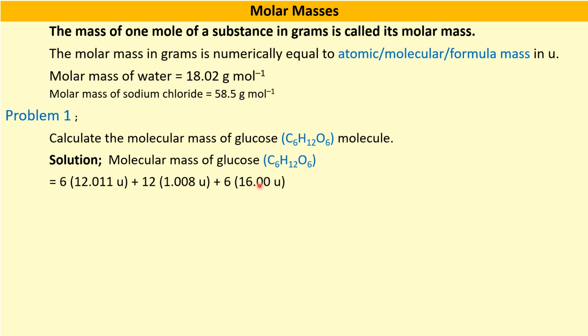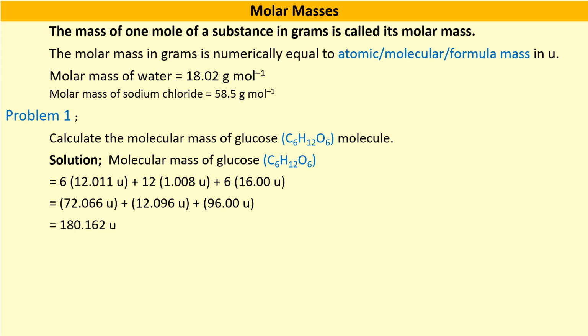So, we have to take 6 into the mass of carbon, which is 12.011 u, plus there are 12 hydrogen atoms, so 12 into 1.008 u, and 6 oxygen atoms will have a mass of 6 into 16.00 u. Simplifying and adding, we get the value as 180.162 u.